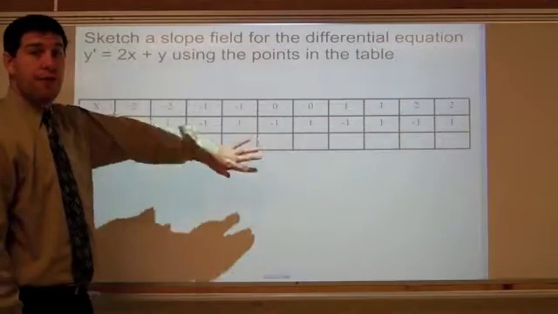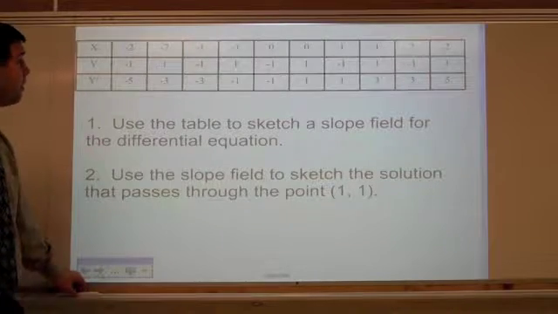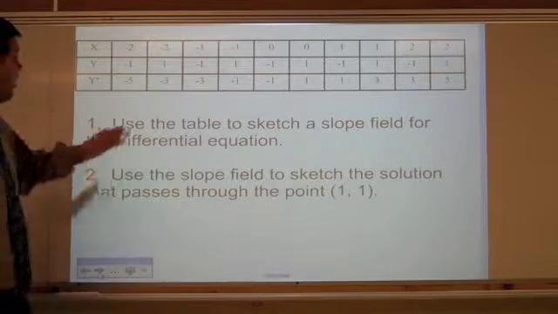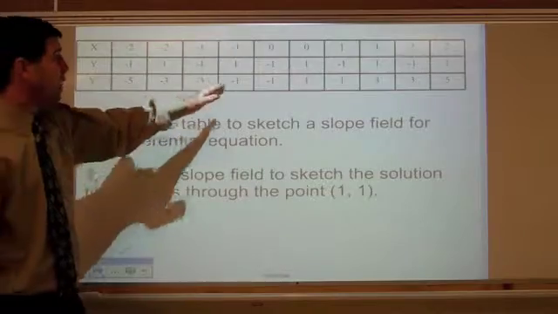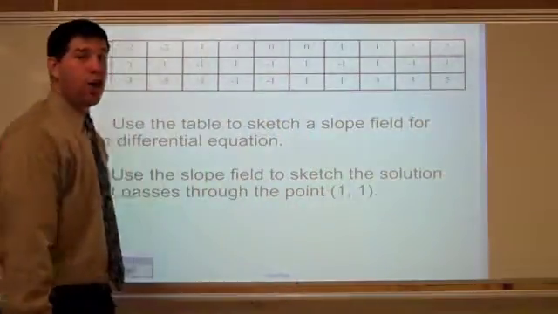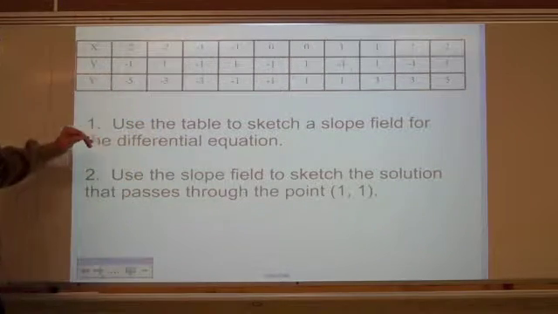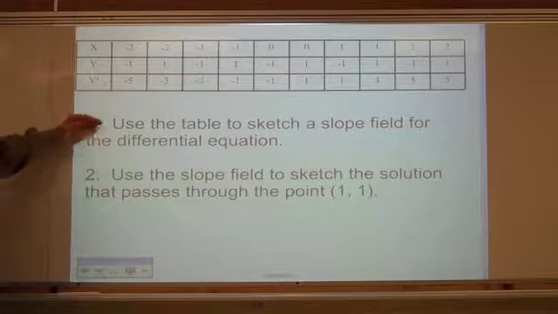Okay, hopefully you filled that in. Now in the next slide, here are your values. -5, -3, -3, -1, -1, 1, 1, 3, 3, 5 as you go across. Now the instructions are going to be 2 parts.